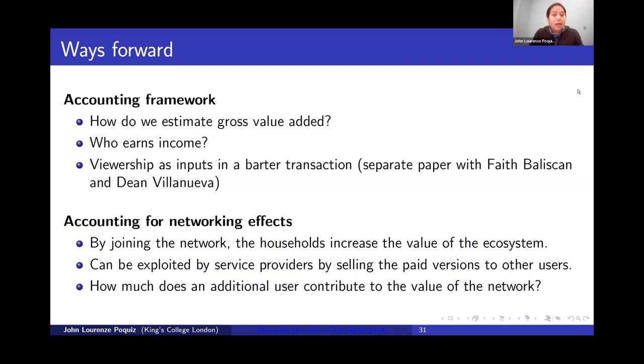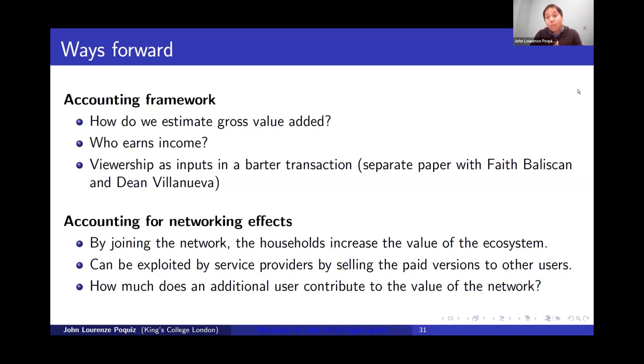Another thing that we're thinking about is how do we think about network effects, because some of the value that we're probably trying to get is probably accounting for some of the network effects that are generated from these goods. So like Zoom is not just offering Zoom for free.